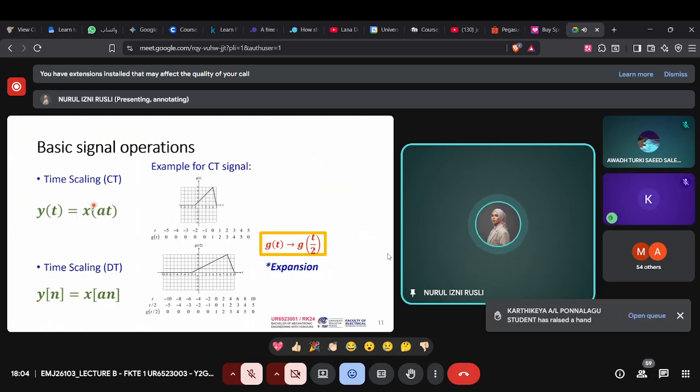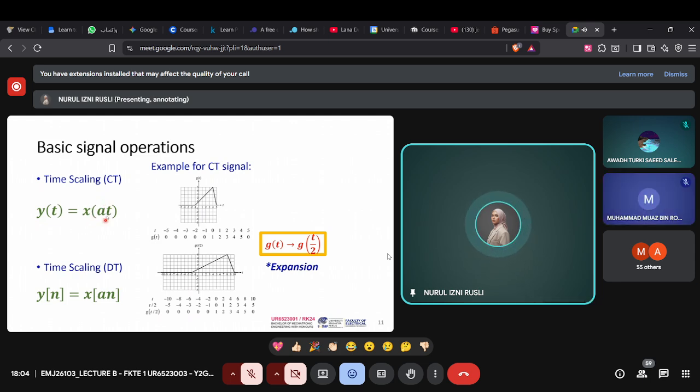So whenever you have a certain constant next to t, you know that this is time scaling. In this case, whenever you see that a is a positive number greater than 1, this is going to be compression.